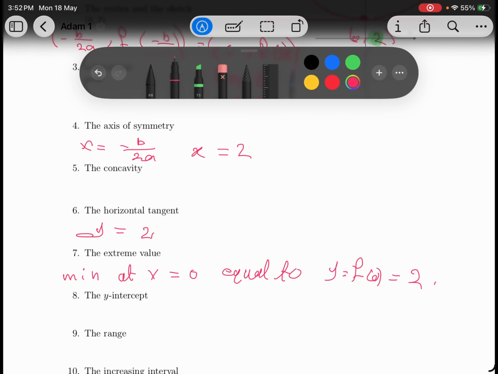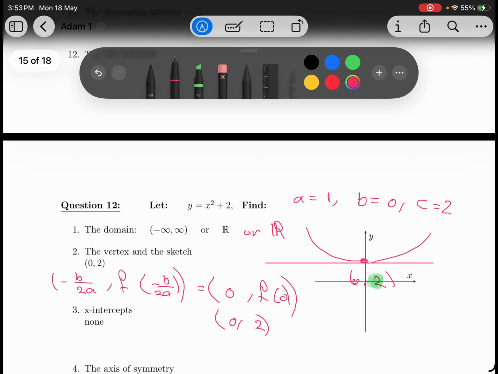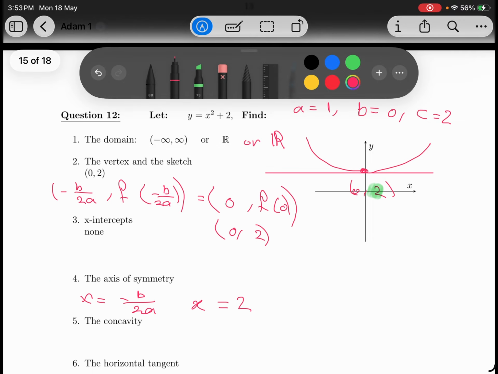So the minimum value occurs at x equals 0, and this minimum value is 2. Yes, 0 and 2. Okay, this is fine.